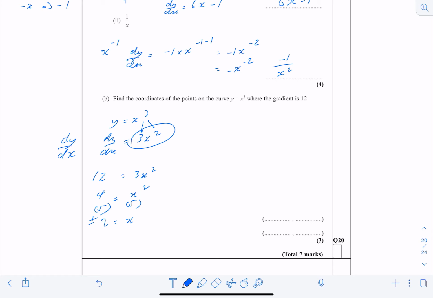Now, if x equals 2, y equals 2 to the power of 3, which is 2, 4, 8. And if x equals negative 2, y equals negative 2 to the power of 3, which is negative 8. So we get (2, 8) and (-2, -8).